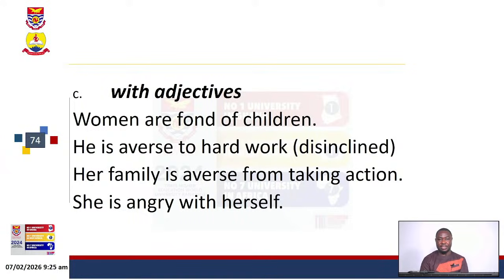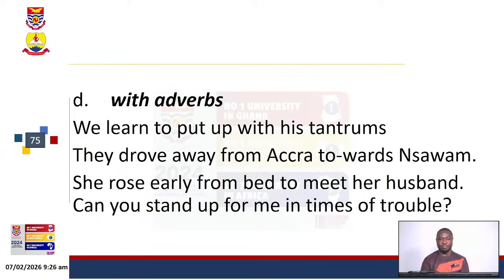This means that he's disinclined, not inclined towards hard work. Her family is averse from taking action. They don't want to take action. Averse is the adjective, from is the preposition. She's angry with herself. Angry is the adjective, with is the preposition. Good. I hope you are able to give some more examples of this combination.